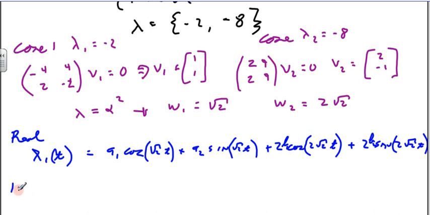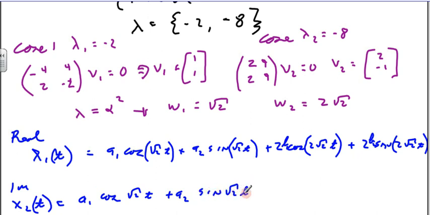And there's an imaginary part, x2 of t. a1 cosine square root of 2t, a2 sine square root of 2t, minus b1 cosine 2 square root of 2t minus b2 sine 2 square root of 2t.